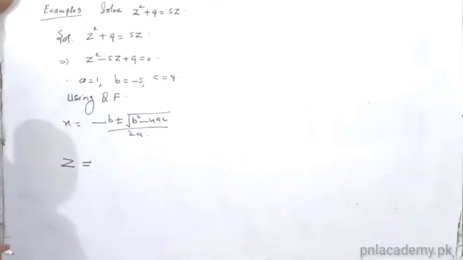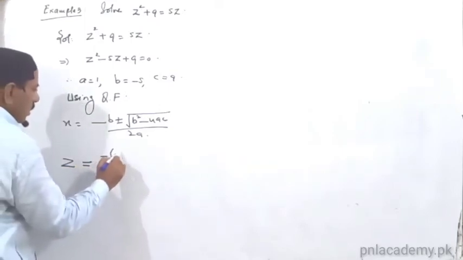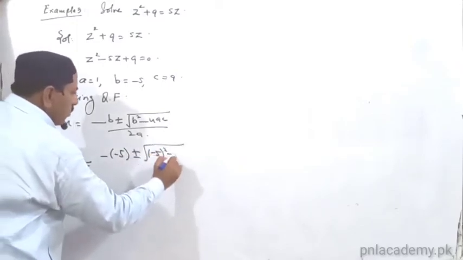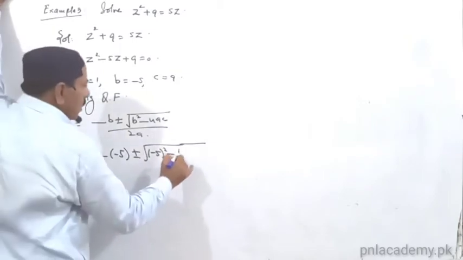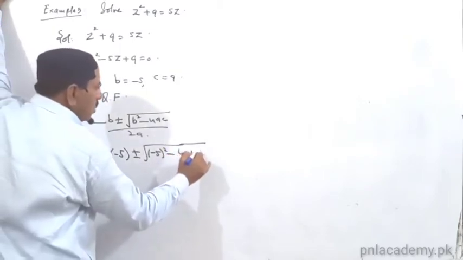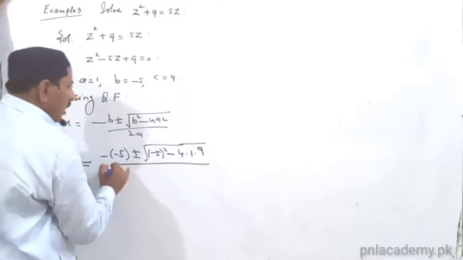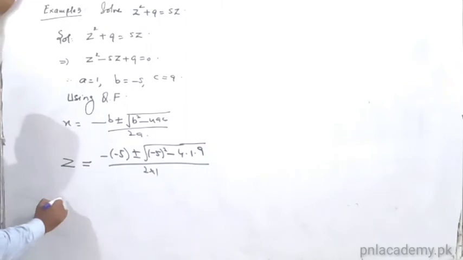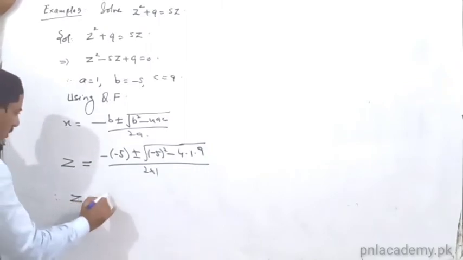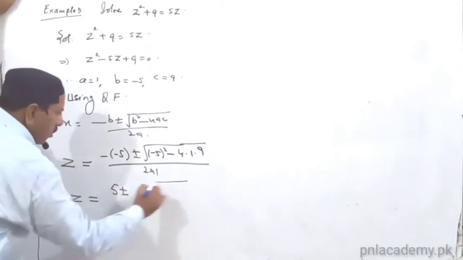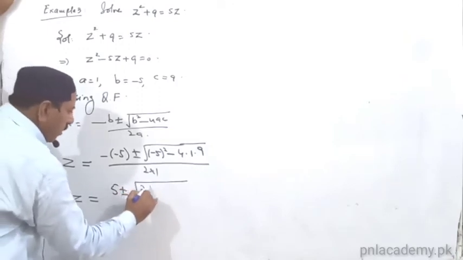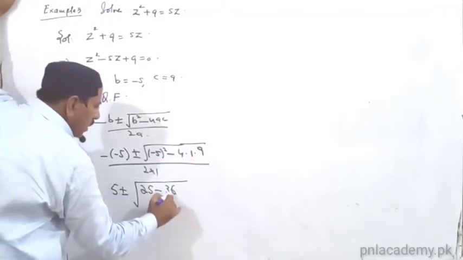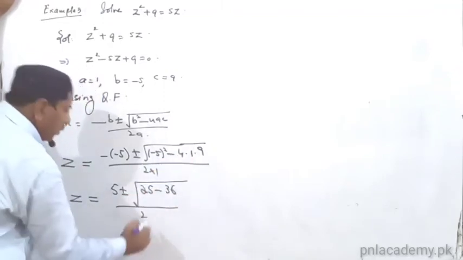Here the value of z is equal to minus minus 5 plus minus radical minus 5 square minus 4 into 1 into c, means 9, upon 2 into 1. Therefore, the value of z is equal to 5 plus minus radical 25 minus 4 times 9, 36, upon 2 into 1.